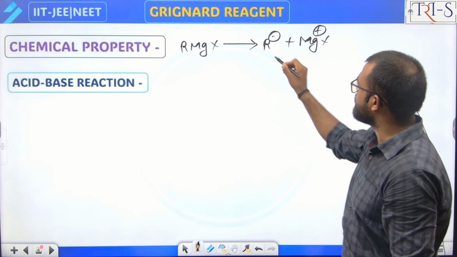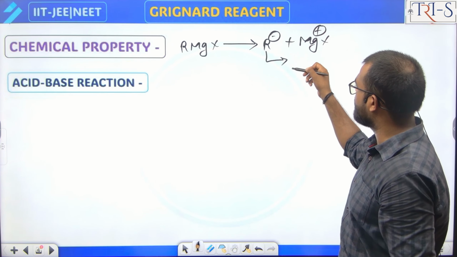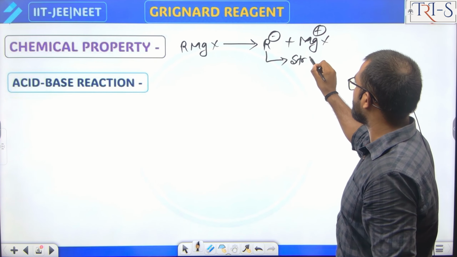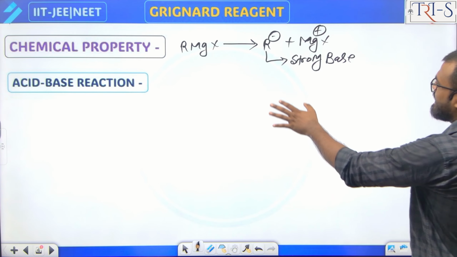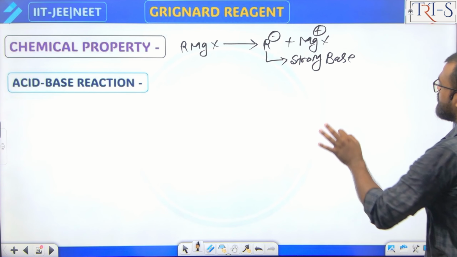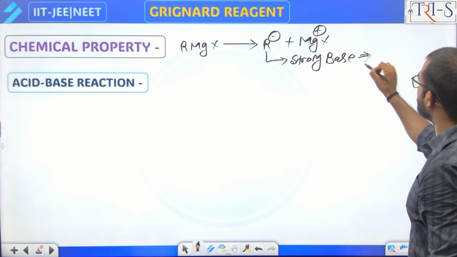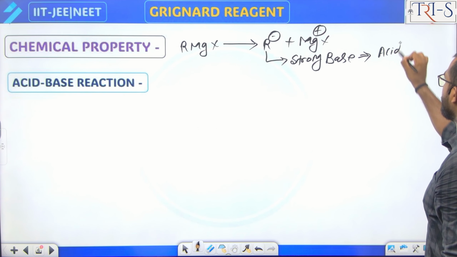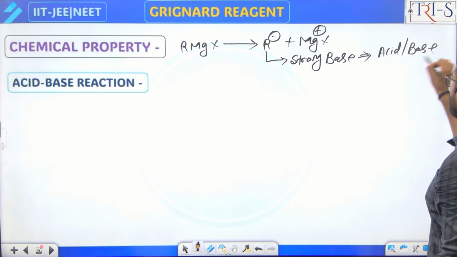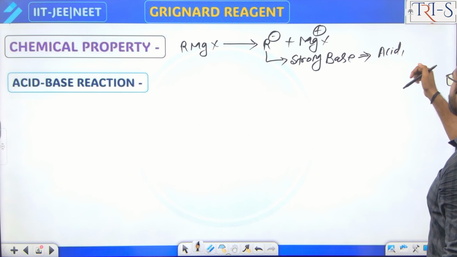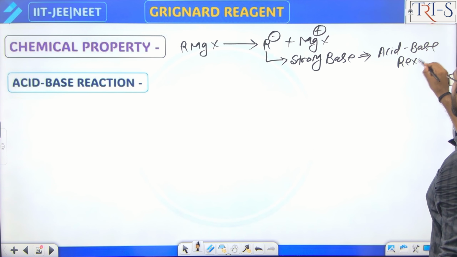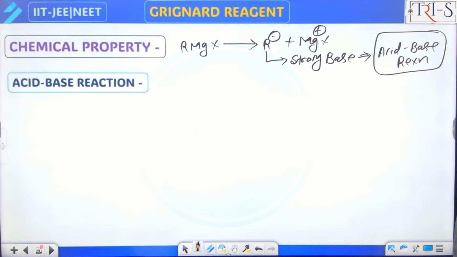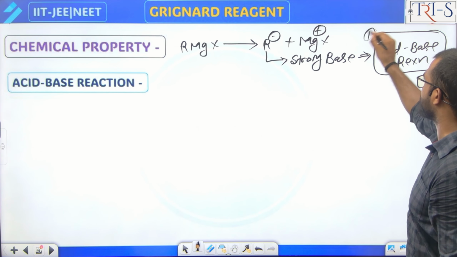R minus is regarded as a very powerful base, that is, a very strong base. Since it acts as a strong base, it will generally give an acid-base reaction, and the acid-base reaction is a very powerful, very fast reaction.